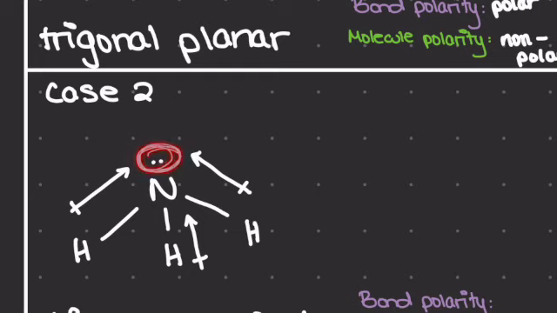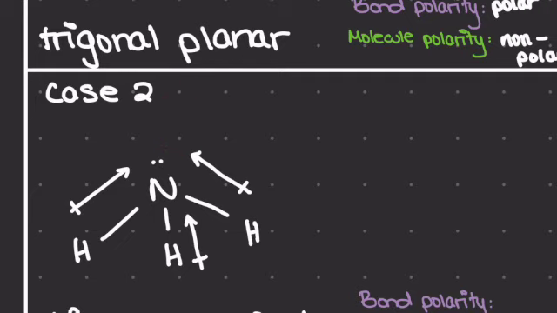Now, for the case of my trigonal pyramidal, who comes back as the main star of the show? The lone pairs. Here, in general, we see my nitrogen is more electronegative than my hydrogen, so the arrows are always going to point this way, and this way, and this way. There's no force going the opposite way. And if there's no force going the opposite way, then my dipole moment is going to be facing this way.